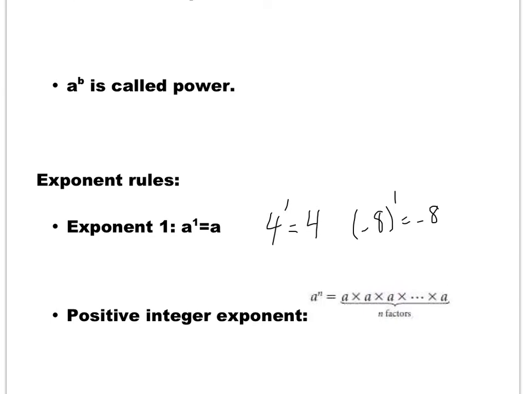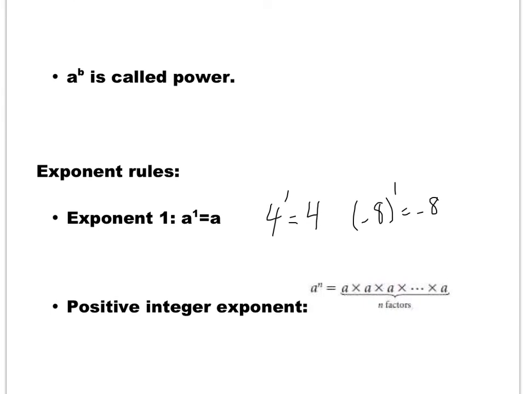Rule number 2 is that if you have a number like a, which can't be 0, exponent n, this means that a is multiplied n times by itself. A exponent n is a multiplied by itself n times.